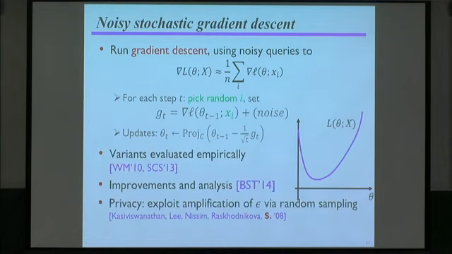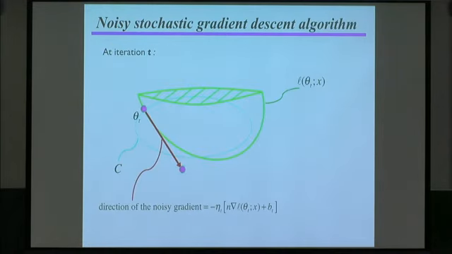Pictorially, what's going on is this. We've got a loss function, which is the loss function we're trying to optimize. We've got some constraint set and some current parameter vector theta t.